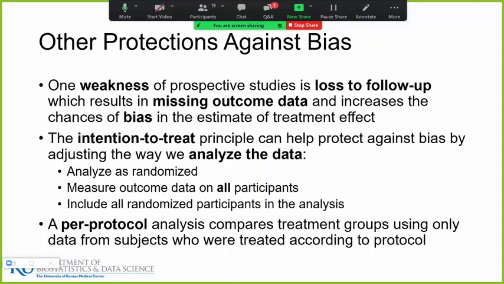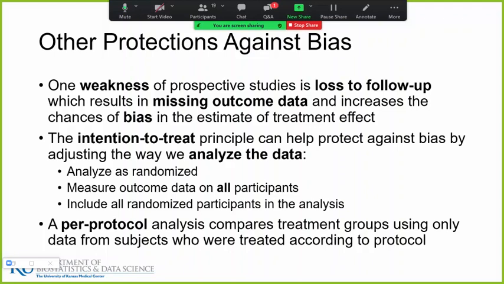One of the most widely accepted ways that we account for that missing outcome data is the way that we analyze the data. We can do it in 2 ways, using something called the intention to treat principle or a per protocol analysis. So when we have a study like the one where we're hypothesizing whether or not there's an increase in mortality, if we analyze the data using the intent to treat principle, it can protect us against bias.